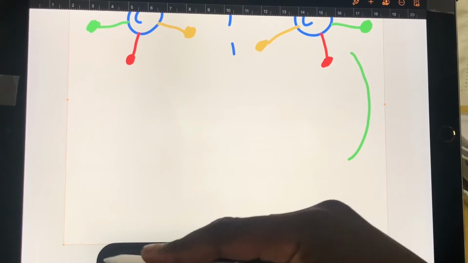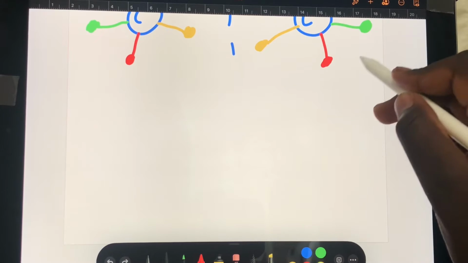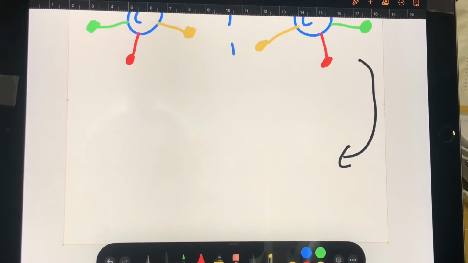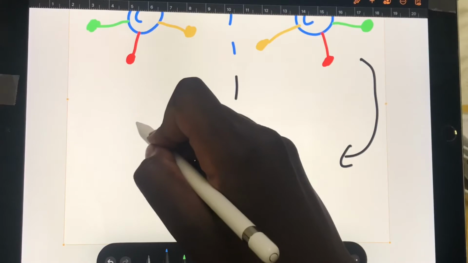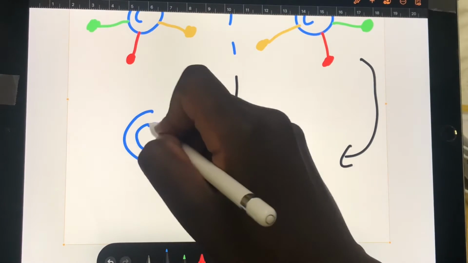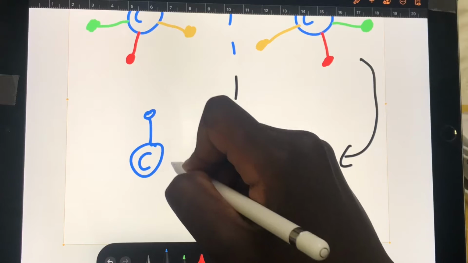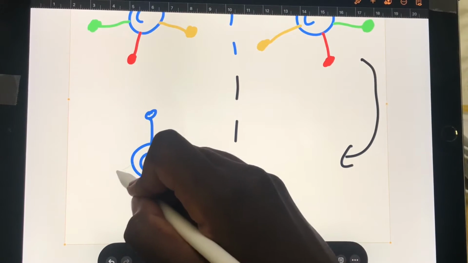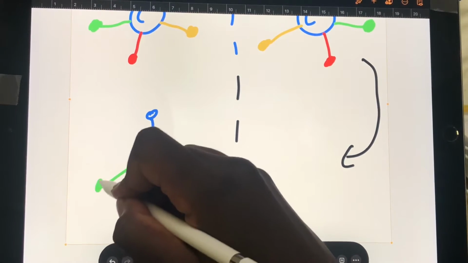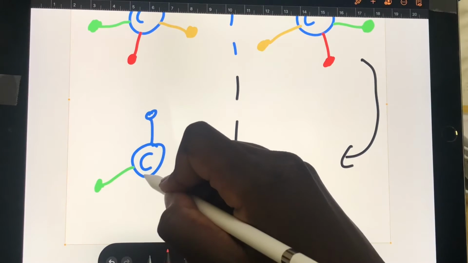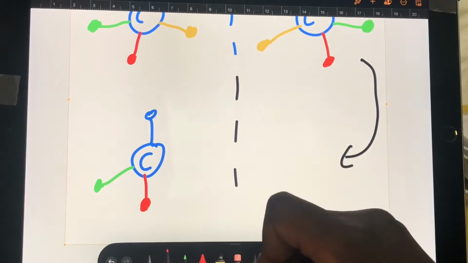So if I change this to black or something, and redraw these images here, we keep the left side as it is, and then put the yellow here.